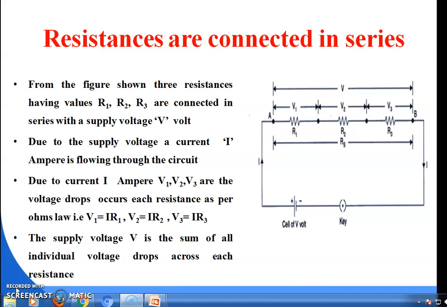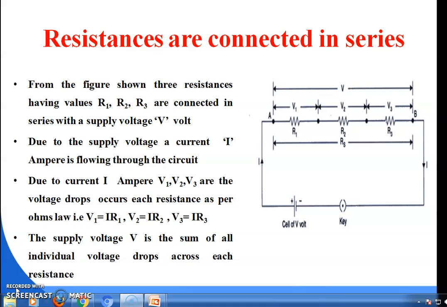For V1, the law is represented as V1 equal to IR1, for V2 it is IR2 and for V3 it is IR3. You will see that the voltages V1, V2, V3 change, but I remains the same in all three resistors. That means I remains constant.